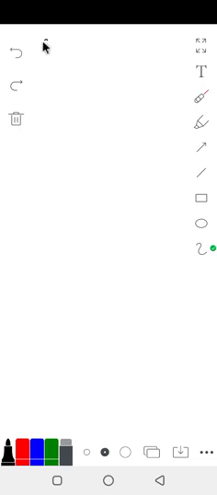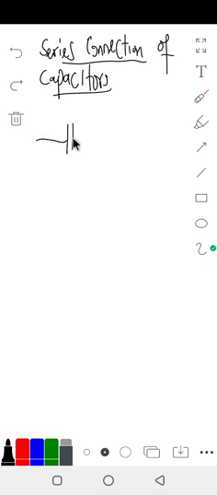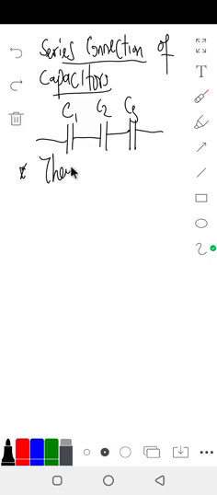Let's go to the series connection of capacitors. Take note, when capacitors are connected in series, they store or have the same charges.